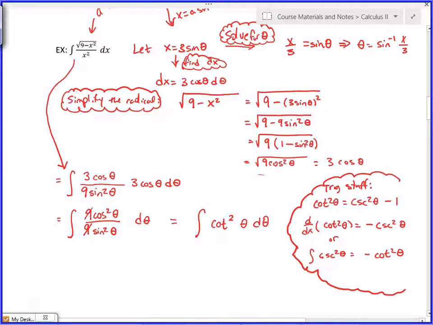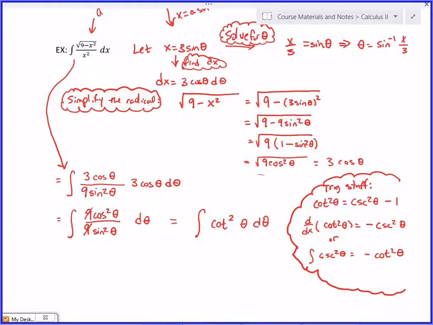And if you stare at that for a second, you realize how that might help. I can't actually take the integral of cotangent squared easily. But just like with tangents and secants, I can't take the integral of tangent squared, but the integral of secant squared is easy because secant squared is the derivative of tangent. That's what's happening with the cosecants and the cotangents here, right? If I can turn this into cosecant squared, then I can use the fact that I know the integral of cosecant squared is just a negative cotangent.